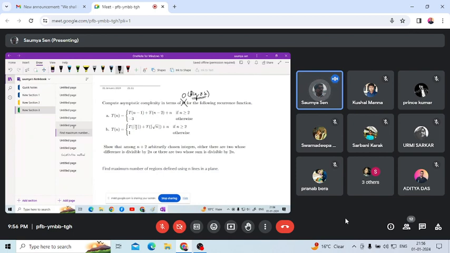This type of recurrence, T of n equals T of n minus 1 plus T of n minus 2 plus n minus 3 otherwise. From this, T of n equals big O of what? Try these problems at home and check them, maybe on YouTube.